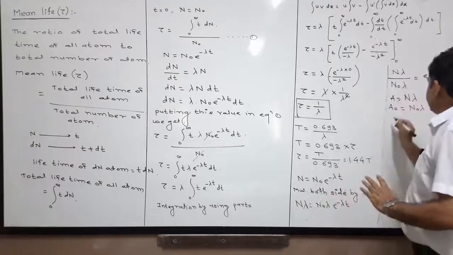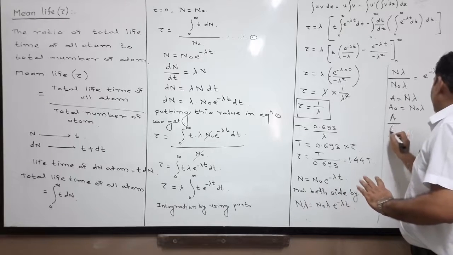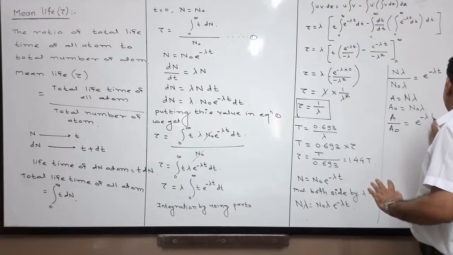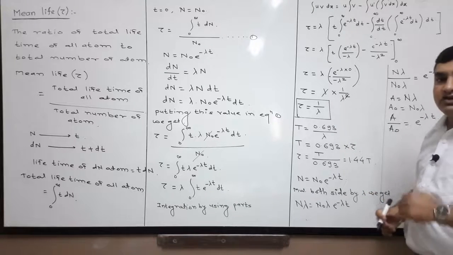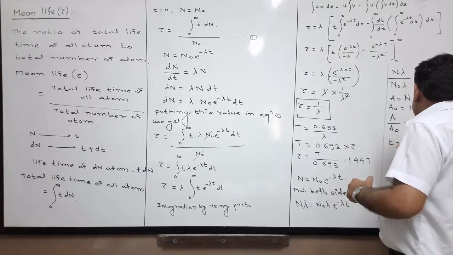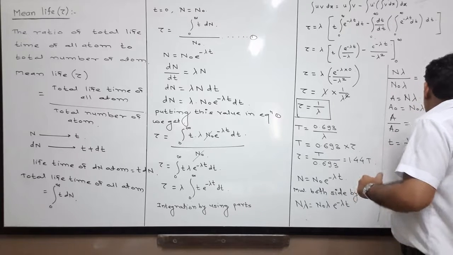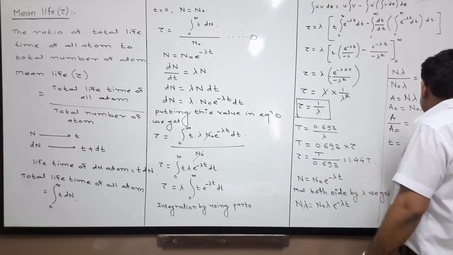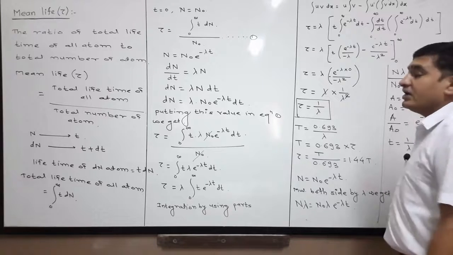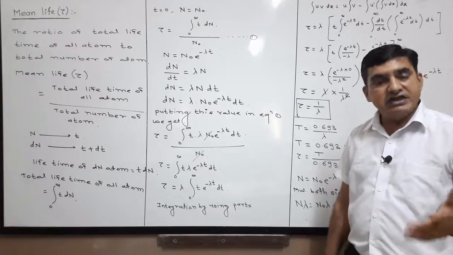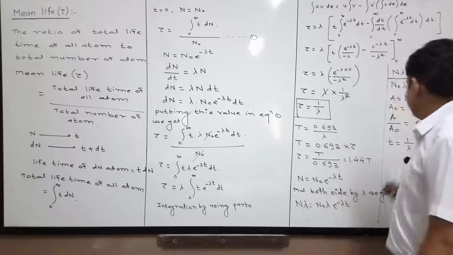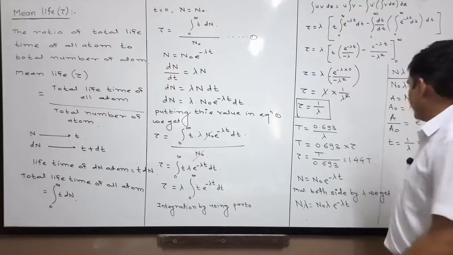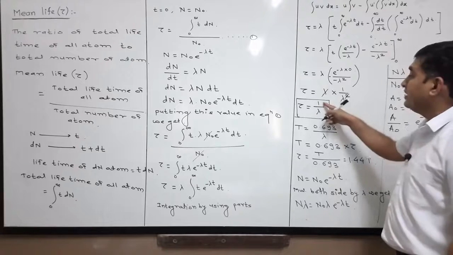So this can be written as A upon A0 is equal to e raised to minus lambda t. Now the time t is considered as 1 upon lambda. This time t is the mean life of a radioactive substance. It is also considered as tau, and therefore we can say that t is equal to tau and it is equal to 1 upon lambda.